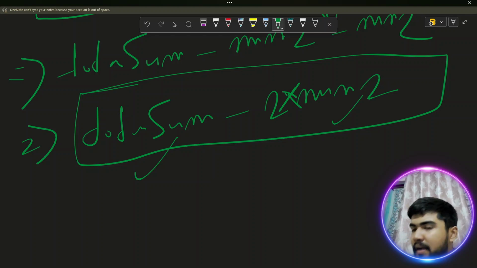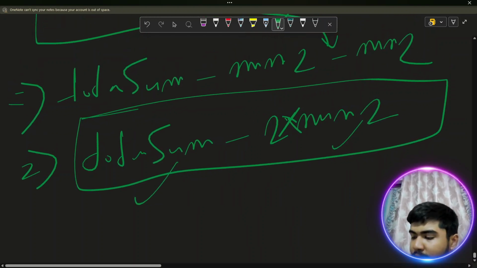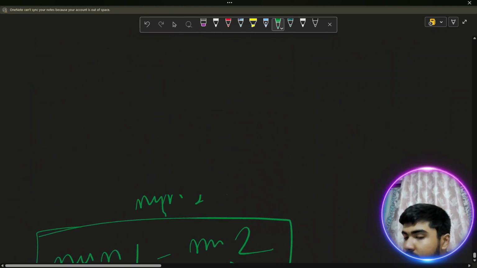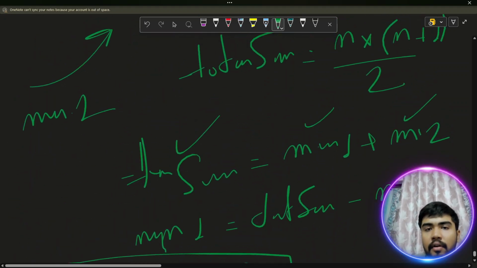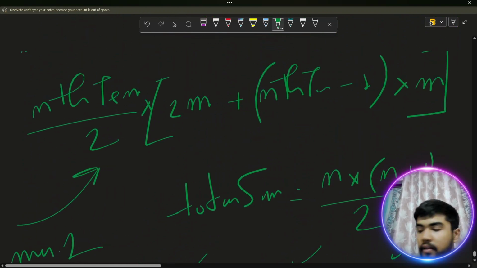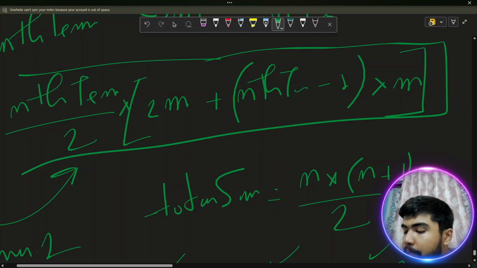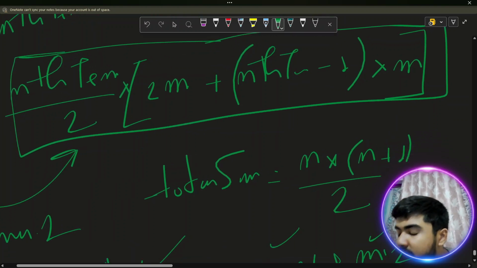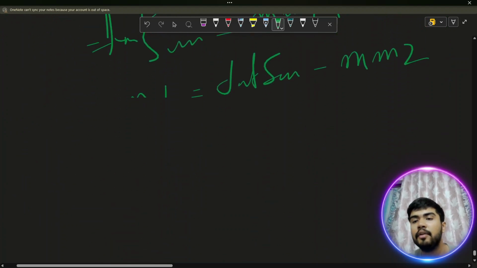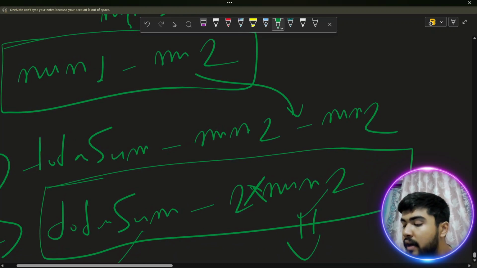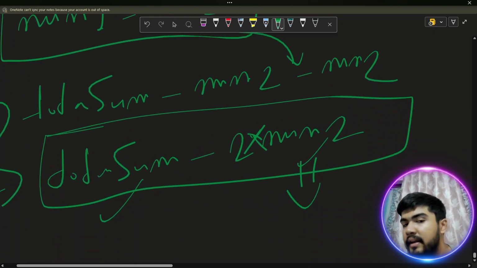So there is a slight optimization I did. On num2, if I put the formula, it looks something like this. There was an n by 2 factor, no? So that is our total sum for the num2 formula. Here you can see there is a divide by 2 factor, and in the final formula we have a multiplication by 2.